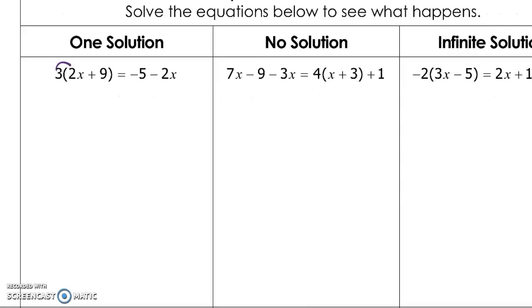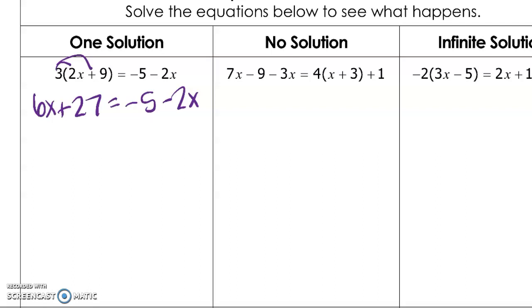So first we distribute and get 6x plus 27 is equal to -5 minus 2x. If there's parentheses, we need to distribute to get rid of those. If you have more than two terms on either side, then you would need to combine those too.